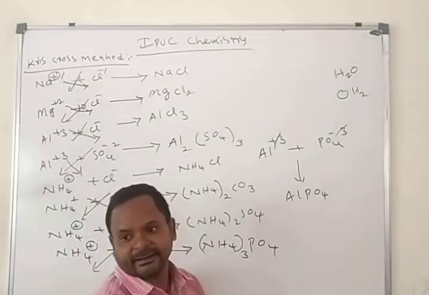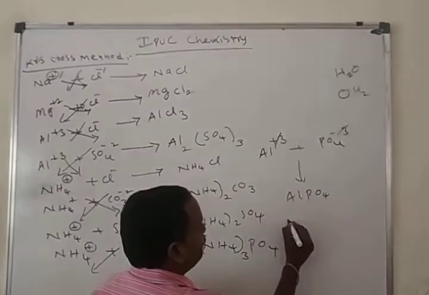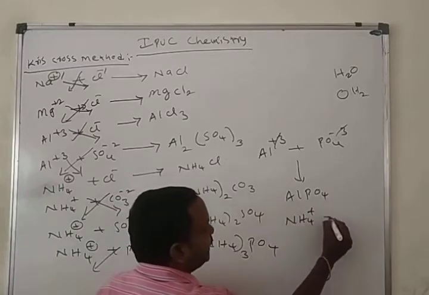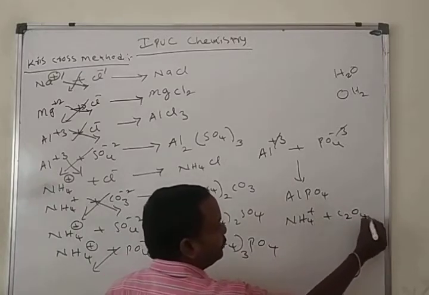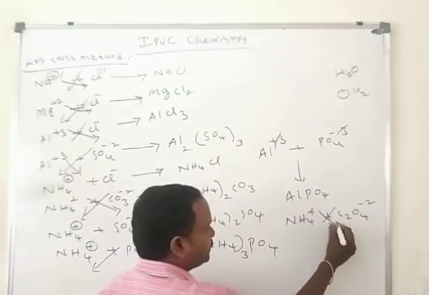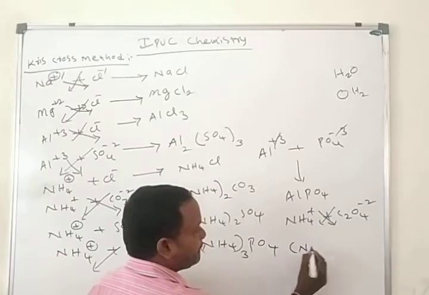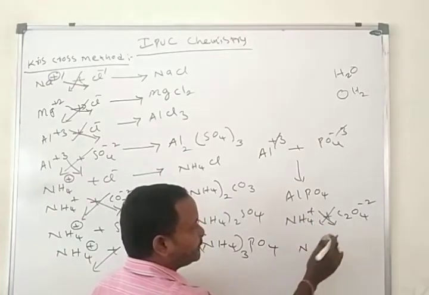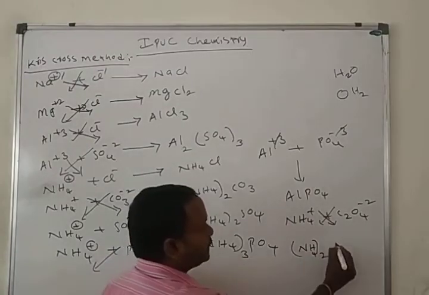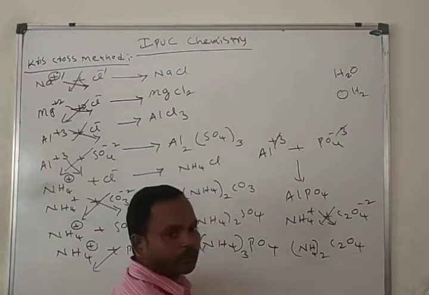Ammonium oxalate. Okay, already what is ammonium? NH4 plus. Oxalate means we already gave that one, C2O4 minus 2. Okay, use cross. Ammonium 2, oxalate C2O4.